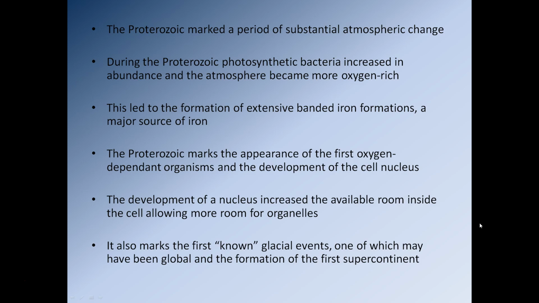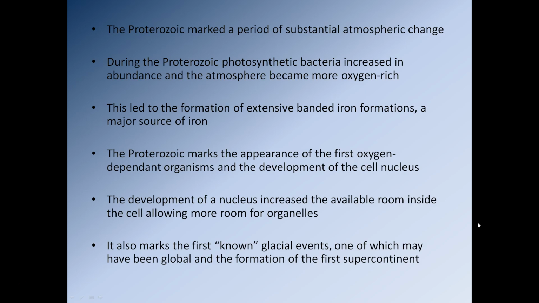So the Proterozoic marks a period of very substantial atmospheric change. During the Proterozoic, we see photosynthetic bacteria increasing in abundance, and the atmosphere becomes a lot more oxygen rich. Now, the fact that we have all this oxygen suddenly being produced leads to the formation of extensive banded iron formations.